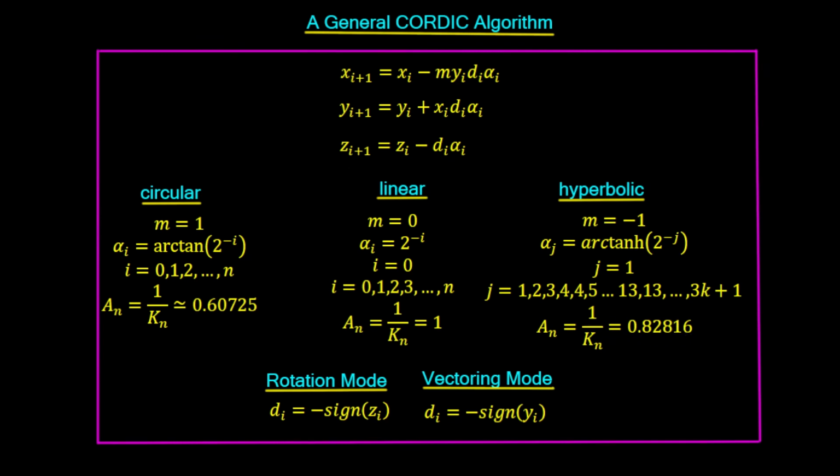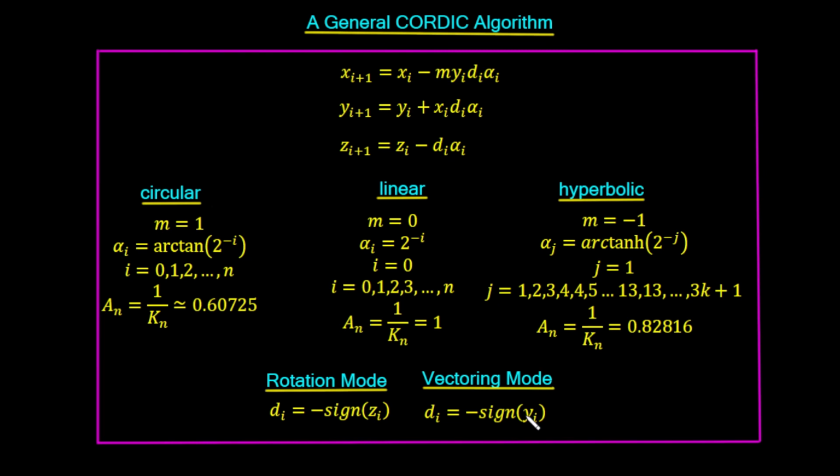0.82816. Now finally, the value for our d_i can be given by this here in rotation mode and in vectoring mode. So for example, in vectoring mode, the value for d_i is going to be minus the sign of y_i. We can see that because what we wanted to do is reduce the value for y_i to 0 using vectoring mode. Whenever y_i became less than 0, we had to add on an angle.